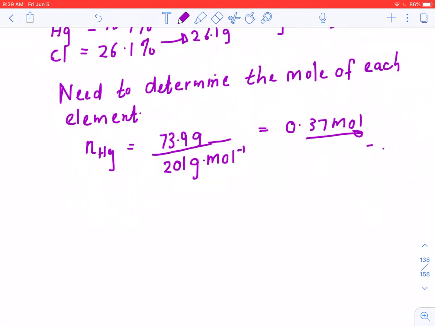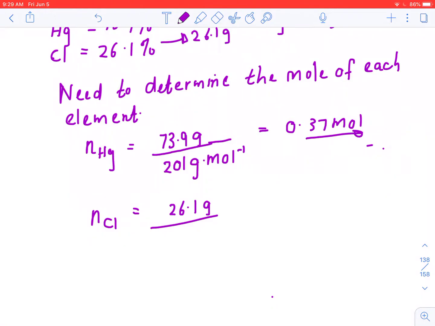And we want to know what is N of Cl, which would be equal to 26.1 grams all upon the molar mass of chlorine.